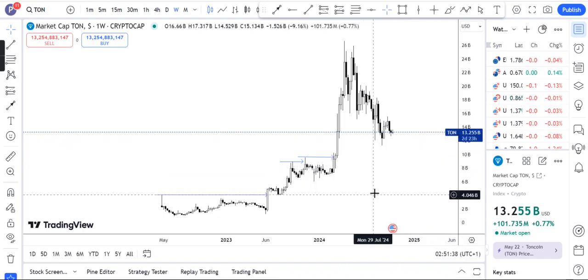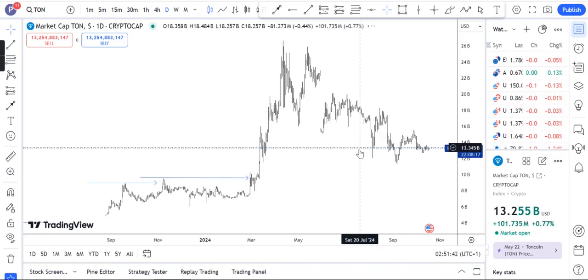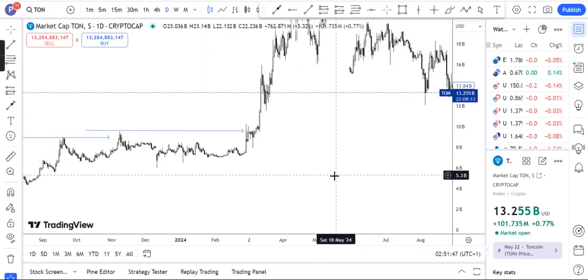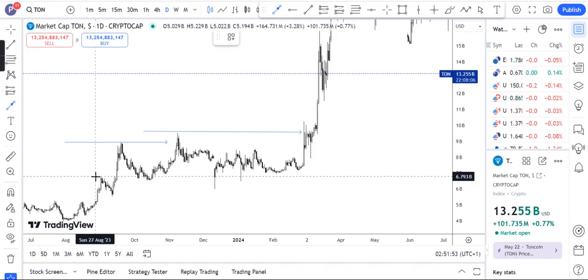So these are the two levels that we have. In order to go to the smaller time frame to check, we can clearly see that on this initial level we had a market break of structure at this point.